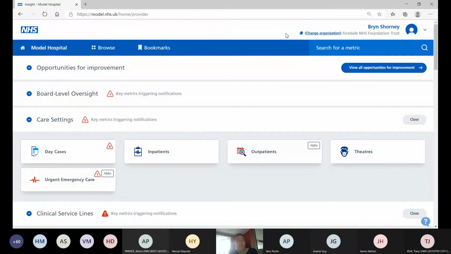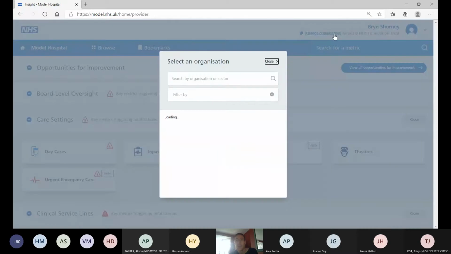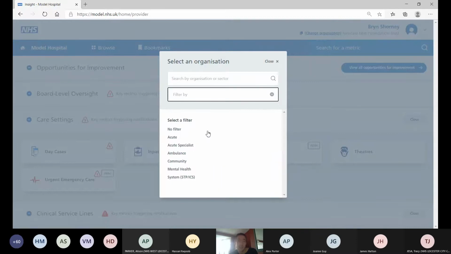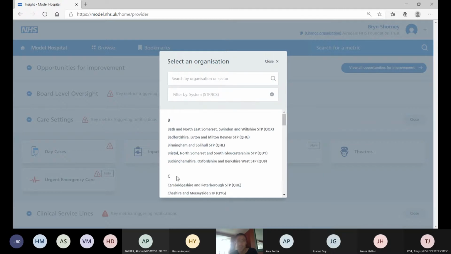So this is the Model Hospital login that most of you will be familiar with, and Model Health System is within the same platform. If you click on the change organisation by the organisation name, then as previously you could select, as Jim mentioned, the ambulance trusts, community trusts or mental health trusts, but there's now a new STP/ICS system view.